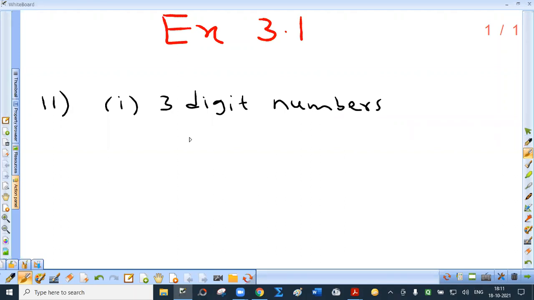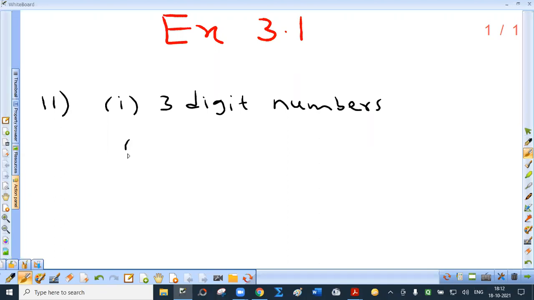Here, hundreds place can be filled in 3 ways.